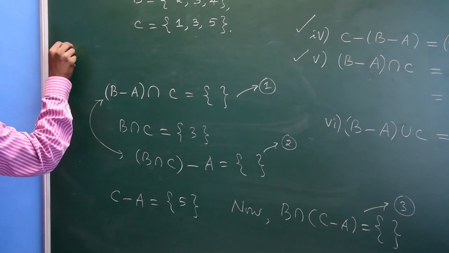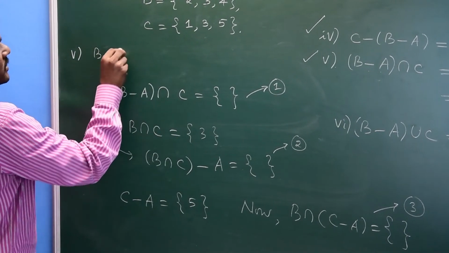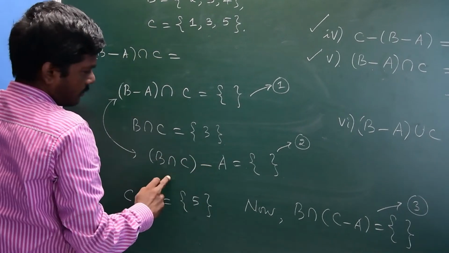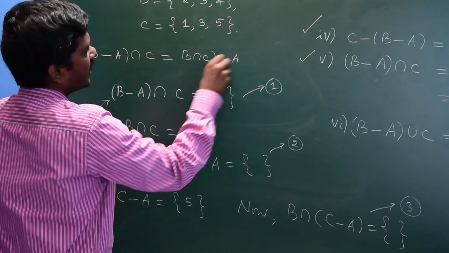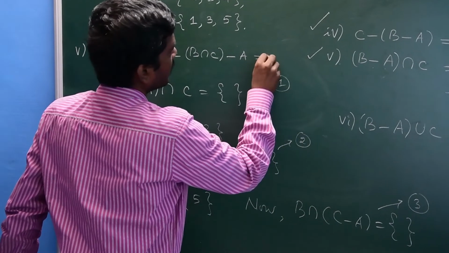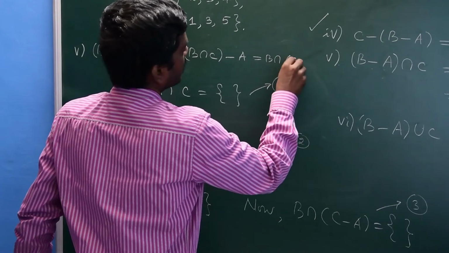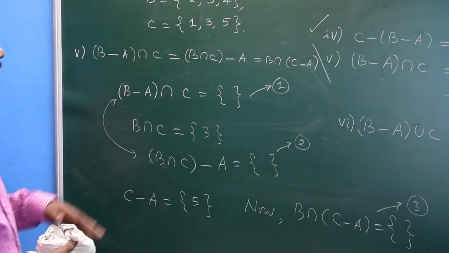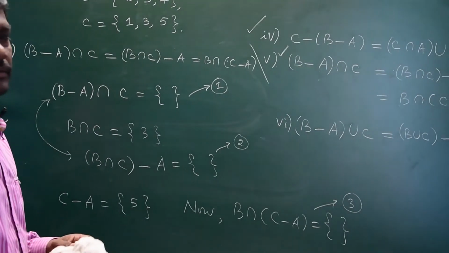B minus A intersection C is the same as B intersection C minus A, that is also empty, which is the same as B intersection C minus A. So they are all one and the same. They are all equal. So thus we have verified the result 5.